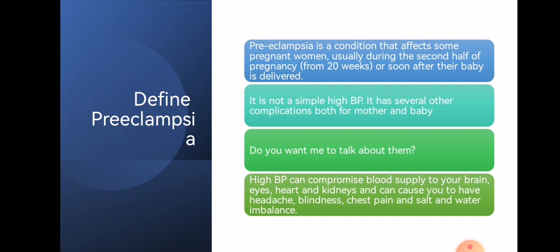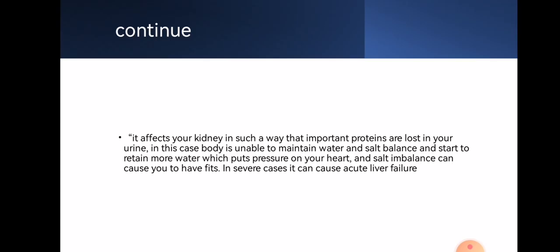Okay. So as we discuss this, the high blood pressure can compromise blood supply to your brain, eyes, heart and kidneys, and can cause you to have headache, blindness, chest pain and salt and water imbalance. It affects your kidney in such a way that important proteins are lost in your urine.